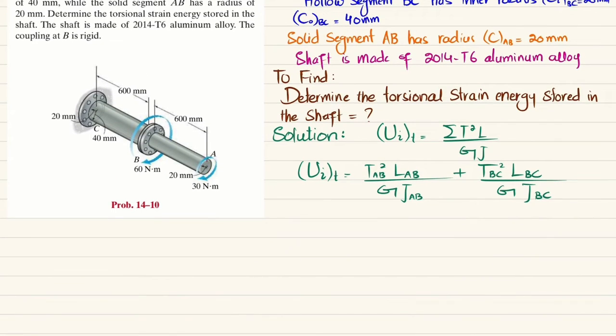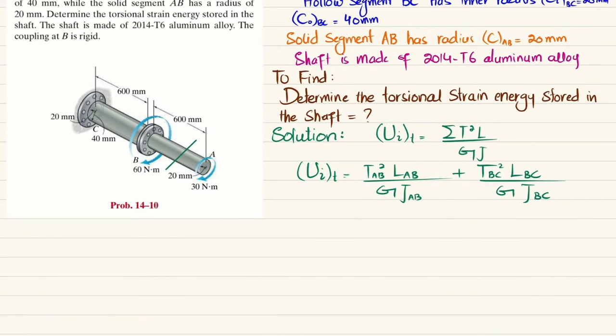Now, how we'll find torque AB? So we will cut segment AB and draw the free body diagram. Here you have the axis, for example x-axis. This is your point A. Here at A you have a clockwise torque of 30 Newton meter. In order to balance it, we will have TAB.